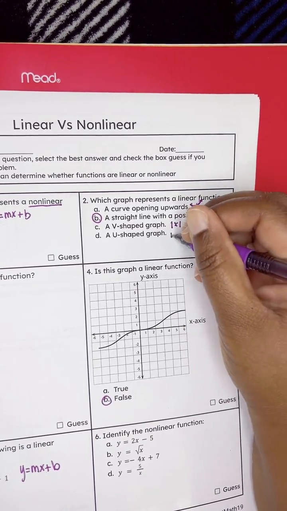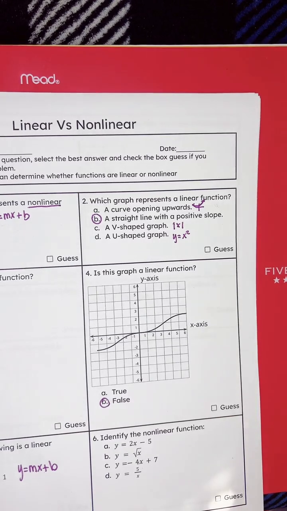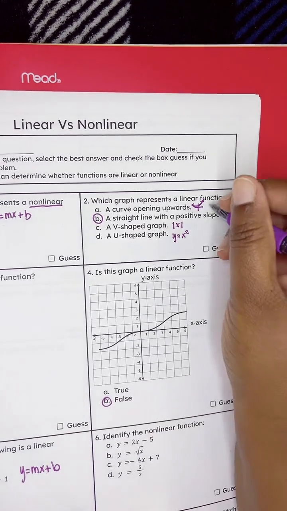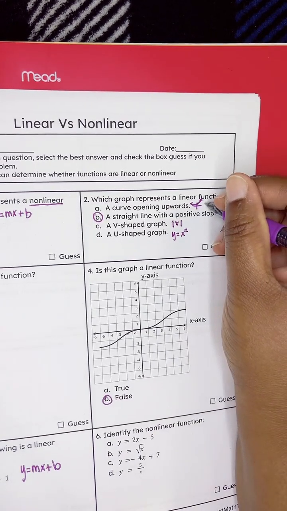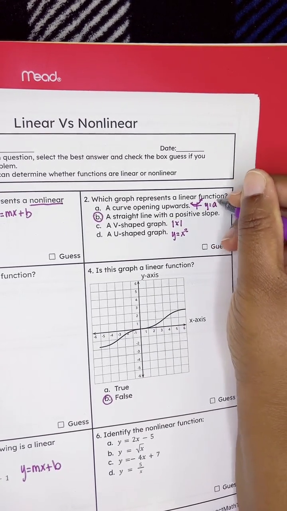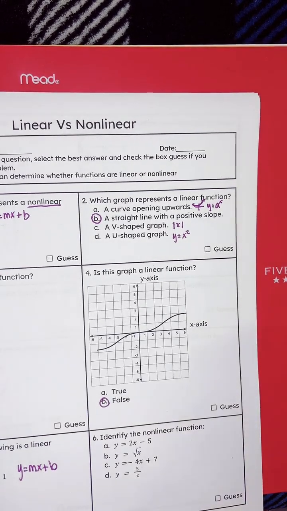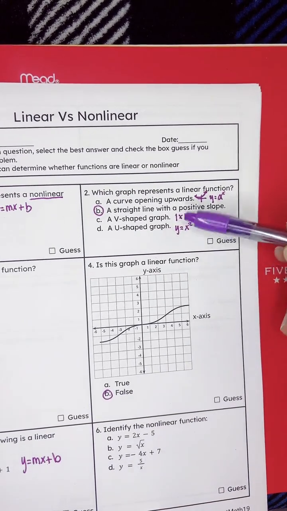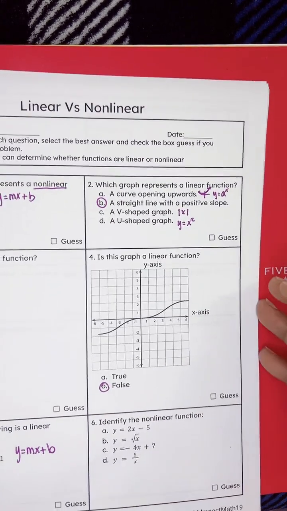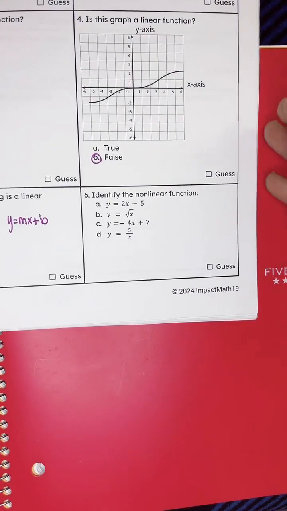And then a U shape is a parabola. And then this would be the equation. It would be y equals some base a to the x. Okay. And I'm telling you, the more you have your base functions memorized, the better it is, especially for college algebra.